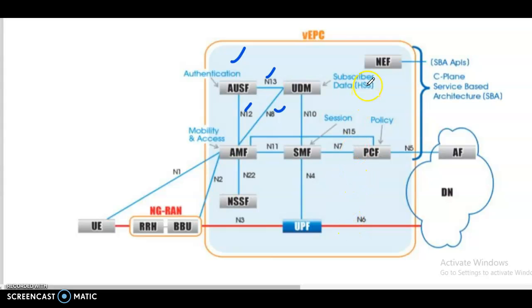Here these NEF, SBA applications. From here to here, C-plane service based architecture, SBA. This PCF is connected to AF having DN. N5. So subscriber data HSS. This is session. This is policy.